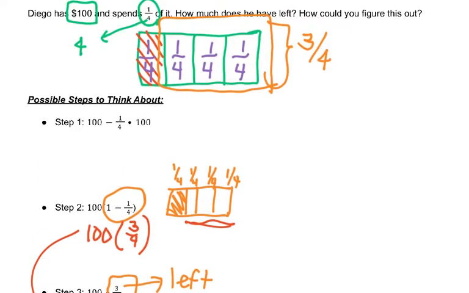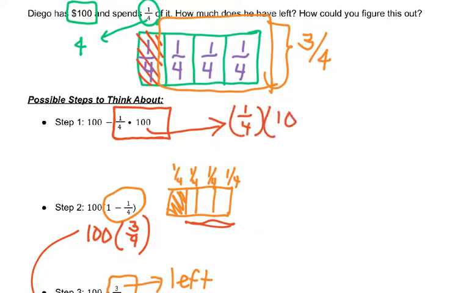Now let's go up to here. So what this means is we can take 1/4 of 100. 1/4 times 100. If you put that into the calculator, means I'm taking 1/4 of this.